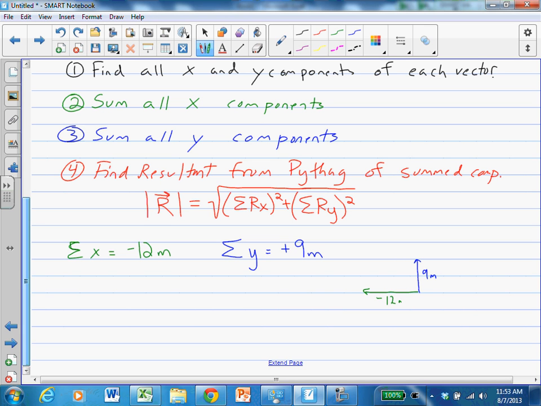If I put these head to tail, I can see what my displacement is going to look like. Because I would start at the origin and go to the tip. So when we add these two up, 9 and 12, we get the value of our displacement. After we sum the x and the y's, we find the resultant through Pythagorean.